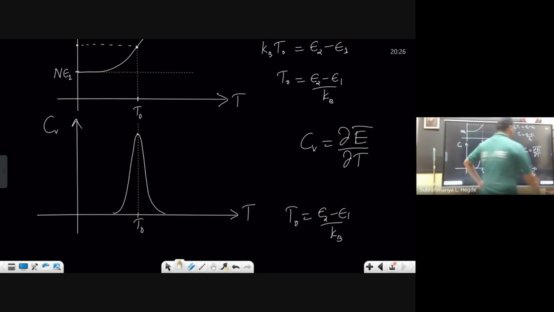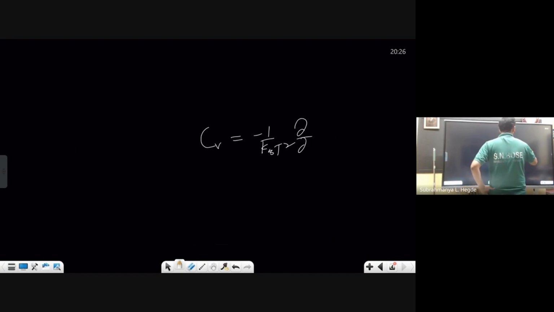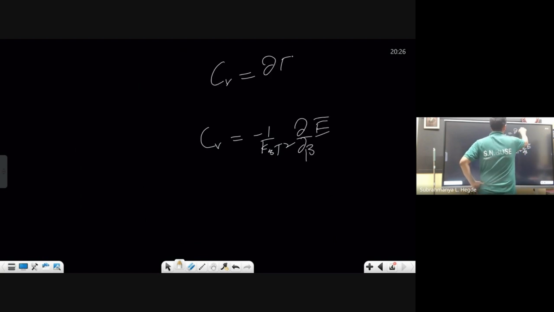No. That is beta derivative. While writing beta derivative, we wrote minus 1 by kb T square dou by dou beta of average energy. Original definition was dou E bar by dou T. Since average energy, our habit was to write in terms of beta, we converted it as a beta derivative. But original was this one only, at constant volume.